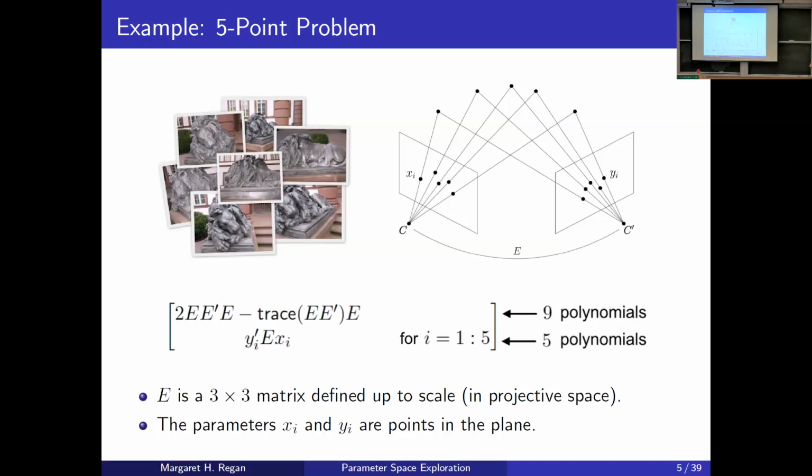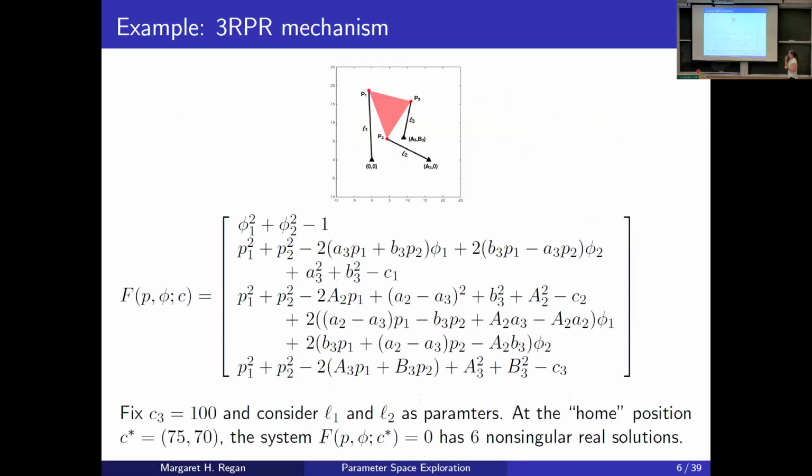And so this is that 3RPR mechanism where we have this polynomial system. It's a little less nice maybe, but it still fits on a slide, or well, half of a slide, so it's not so bad. And our parameters here are again the square of the leg length, so we don't have to deal with square-rooted values of things. And we'll talk about both of these problems a lot more later.